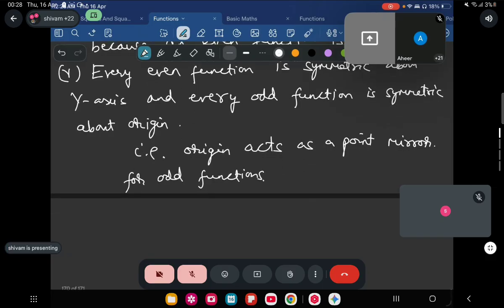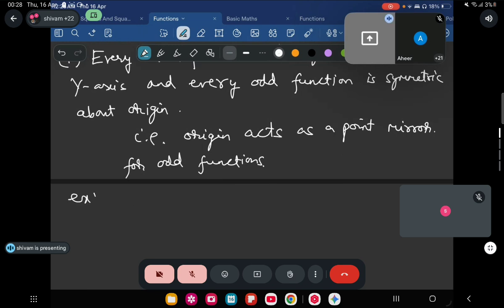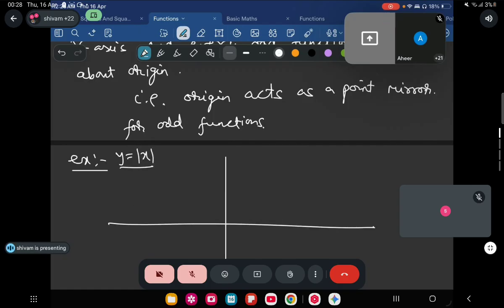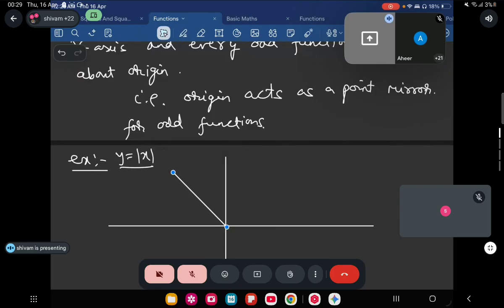Next. For example, you see y equal to mod x. The y-axis will act as a mirror for all even functions.